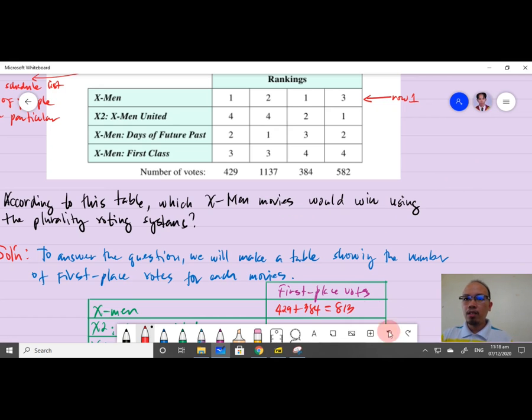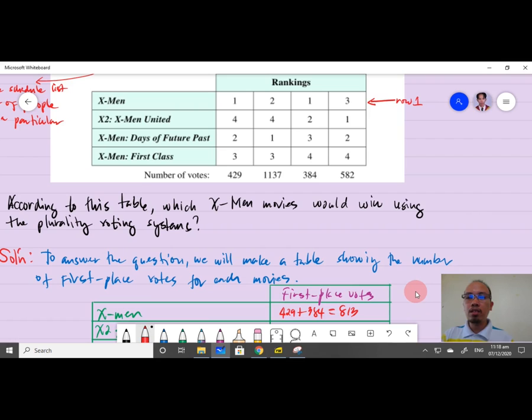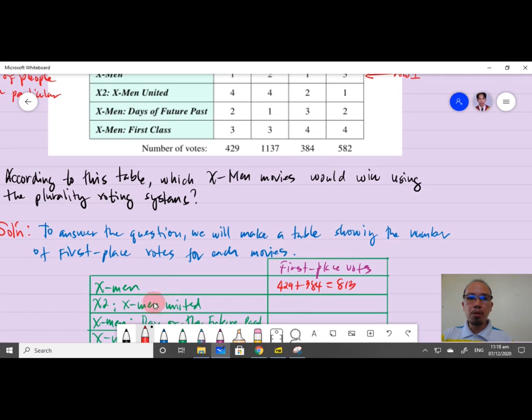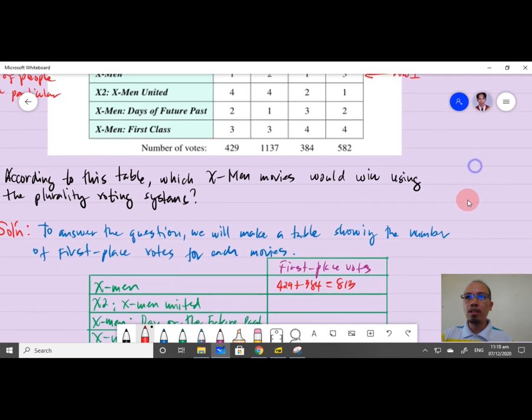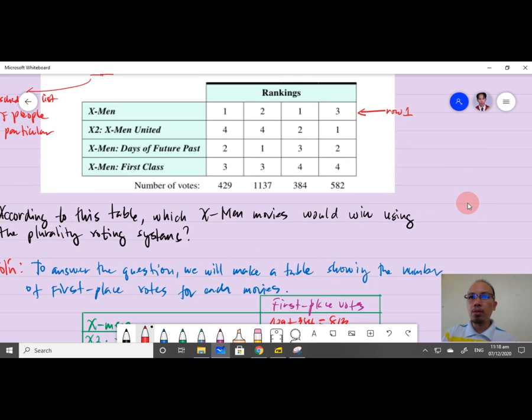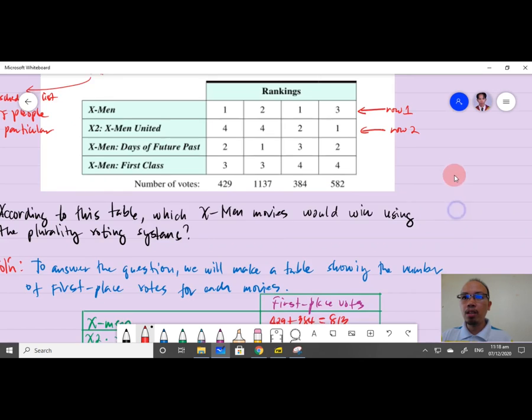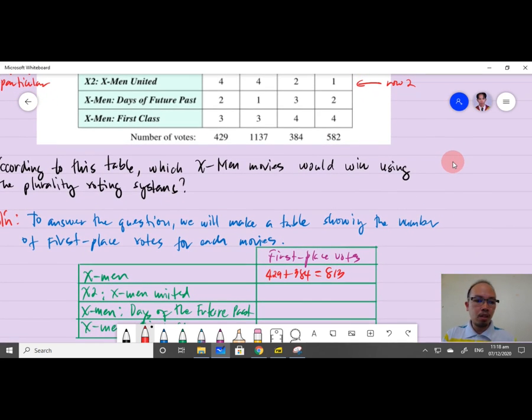The second one, when you are going to fill in the row for X2 X-Men United, just look at row 2 and see if there is a first place vote. There is a 1 here, so the first place votes for X2 X-Men United is equal to 582.